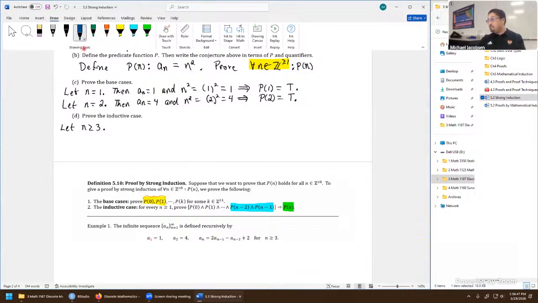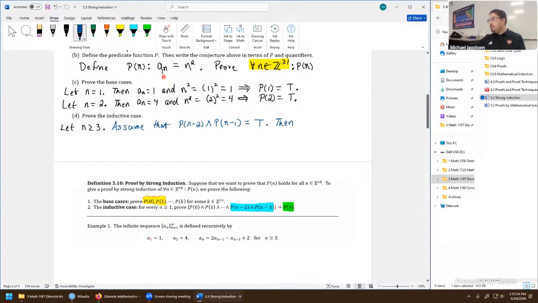So we'll say next, assume that P(n-2) and P(n-1) are true. Again, pretty similar to what we did in the very last section, except we've put in an and statement, so we want both of them to be simultaneously true at the same time. We say immediately what this would imply. We go back to the original predicate. We assume P(n-2) is true.